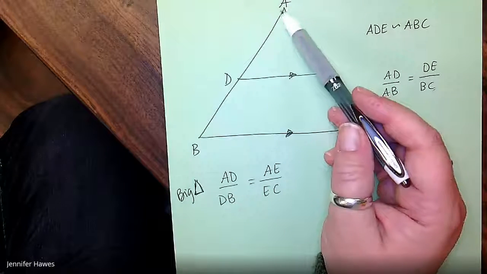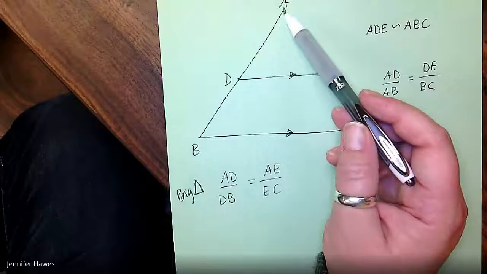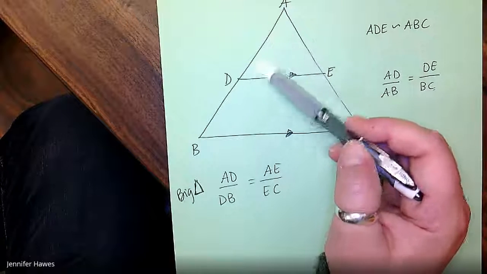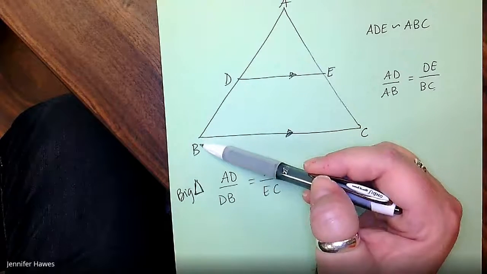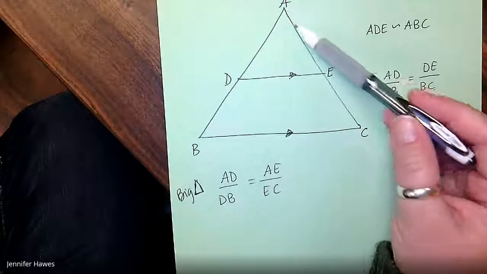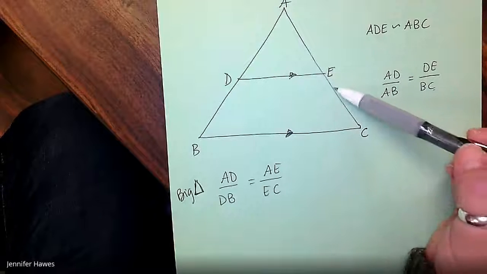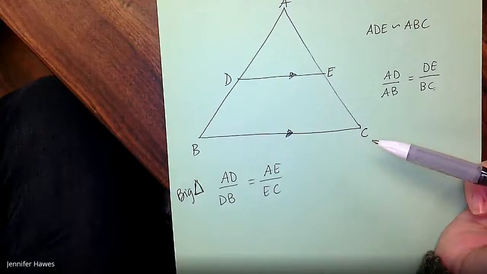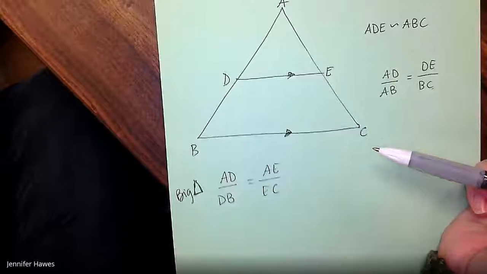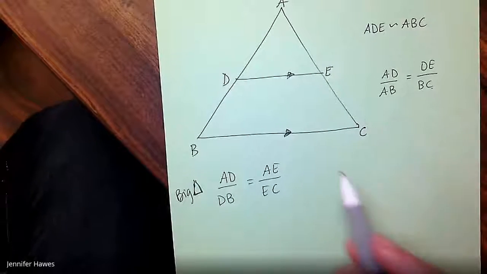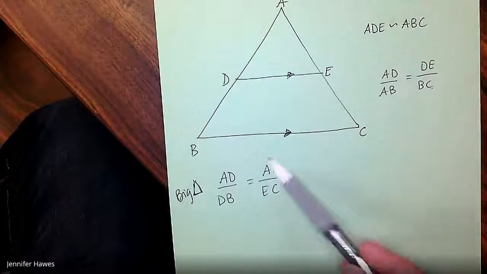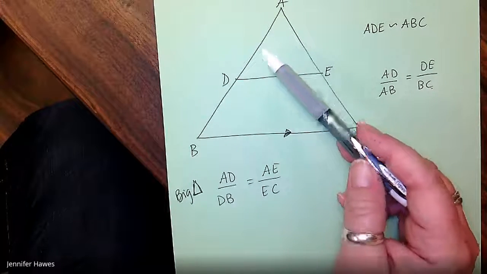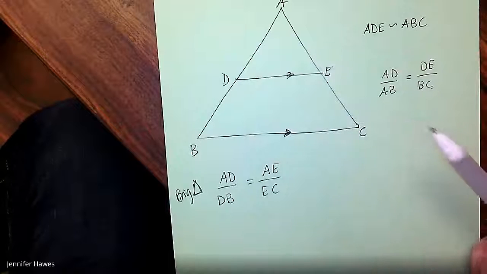If I start with the shared angle here and take part of a side over the other part, then go back to that shared angle, part of that side over the other part, those are proportional if the lines are parallel. If I'm going to do this type of thing where I do part of the sides, that's fine.